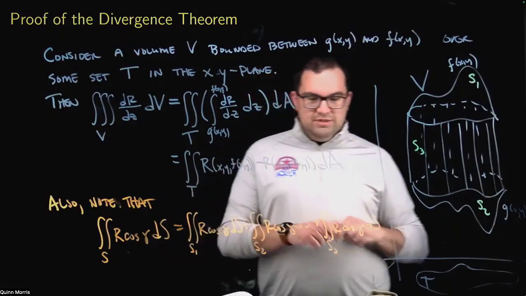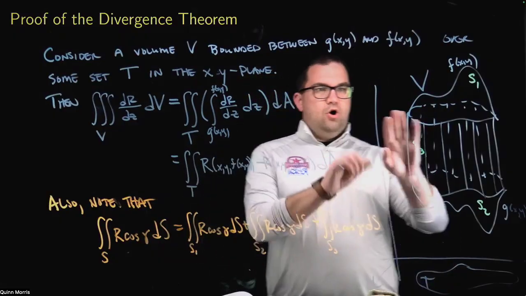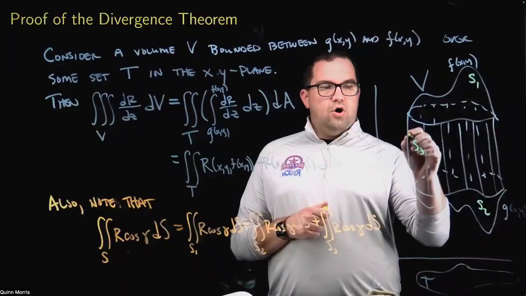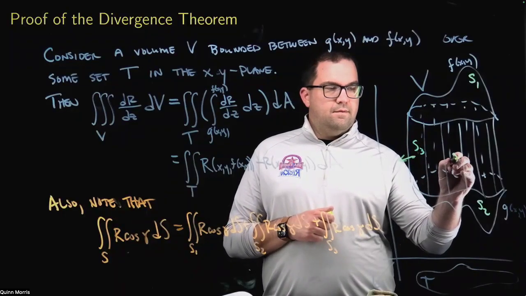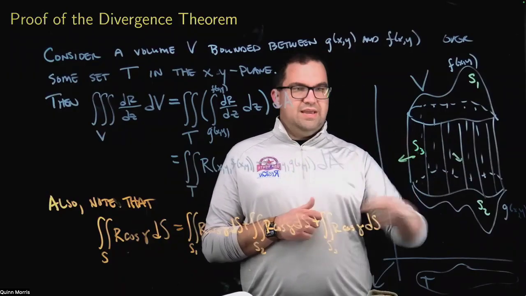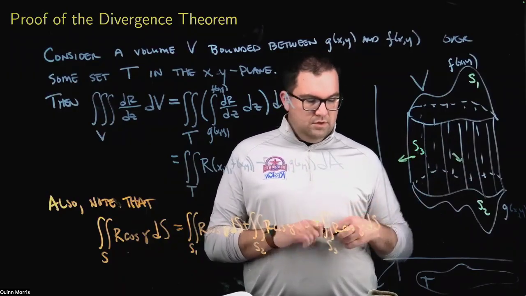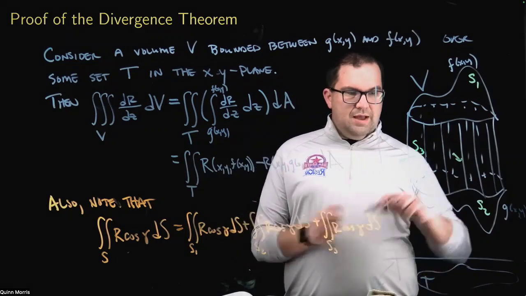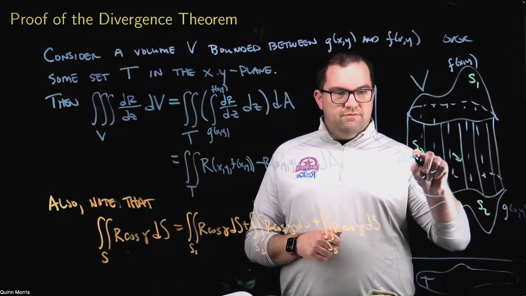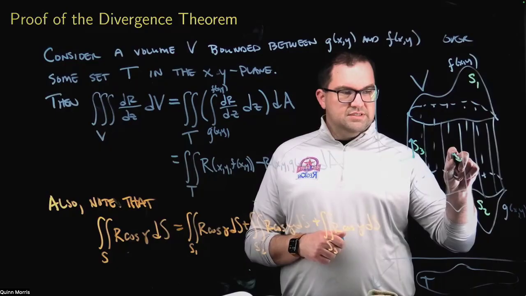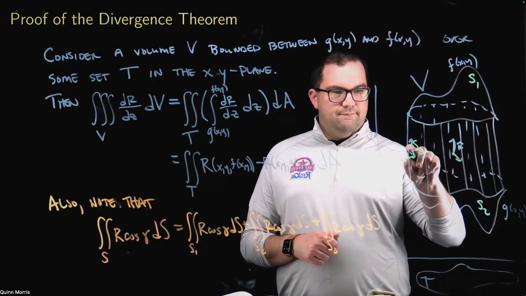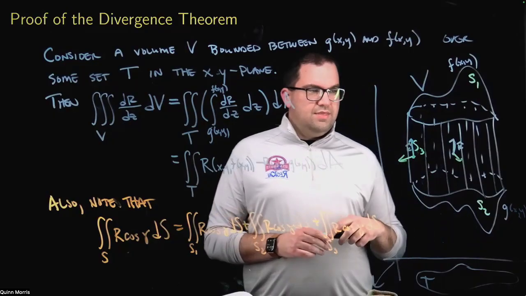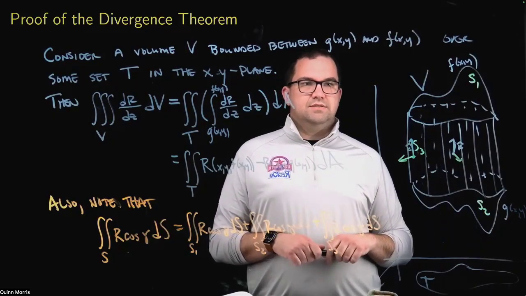So if I think about what's happening on S3, on the sides, all of my normal vectors are going to be parallel to the xy plane. If at these points I also take the unit vector in the z direction, which is just the vector k, that angle is always going to be 90 degrees.